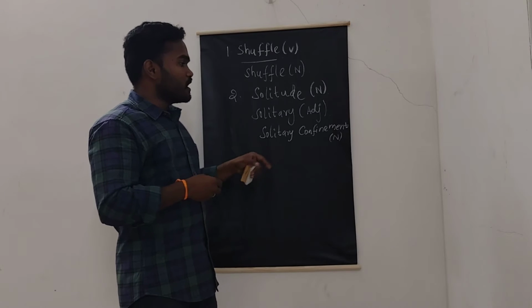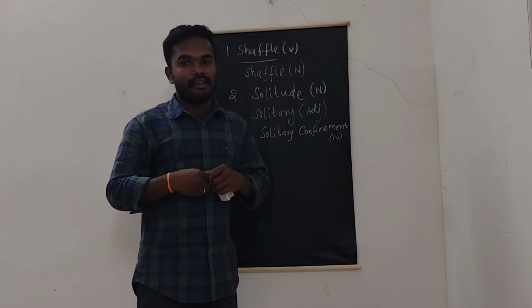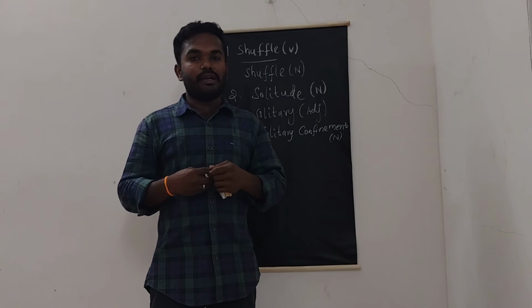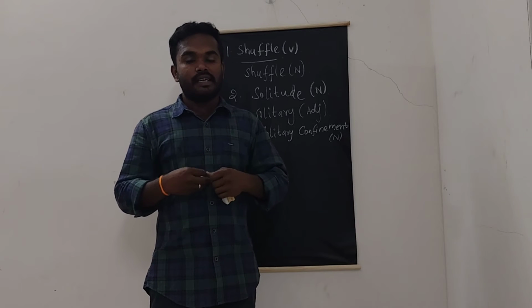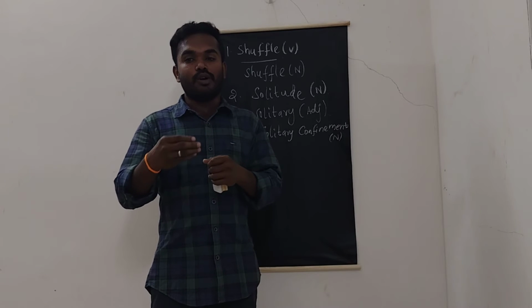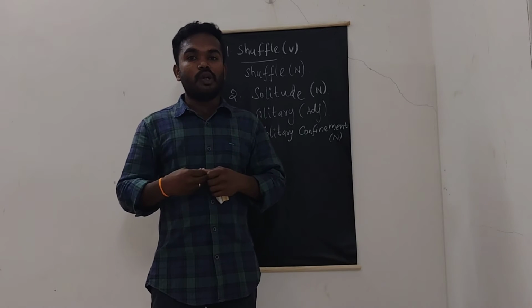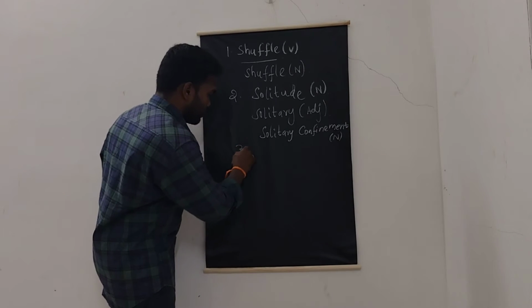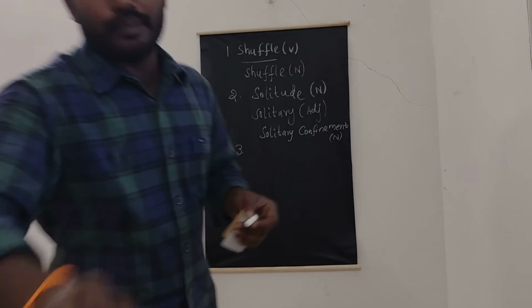So that is what it means, solitary confinement. The example sentences are, he was held in solitary confinement for 19 months. The second example is, the punishment for his crime was 12 months of solitary confinement. So that is what it means, to be alone.